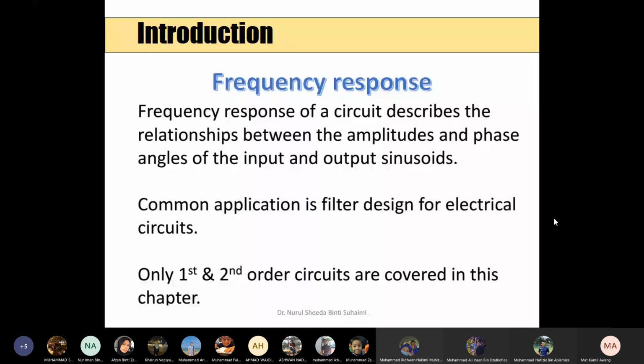So the transfer function is for the frequency response. In this chapter we are going to cover the first order and second order circuits only. So we are not going to cover third order and whatnot. So only first order and second order. So how to determine the order of the circuits?